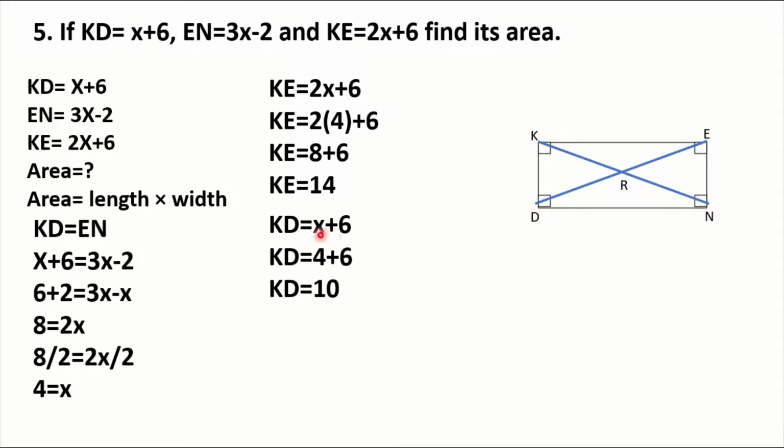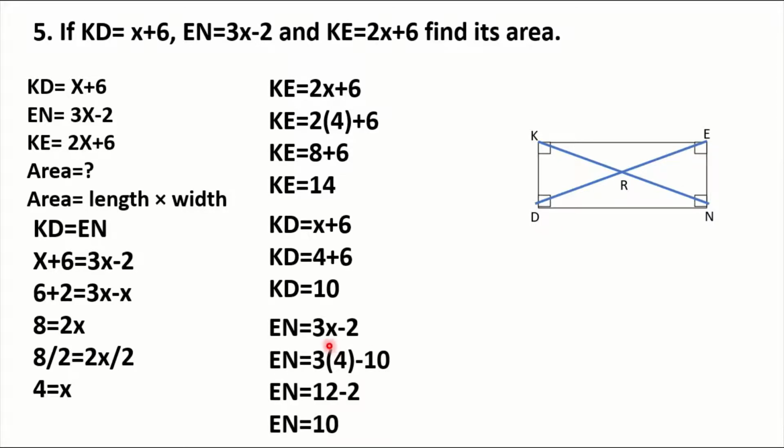So, KD naman, yung KD. KD is equal to x plus 6. You have to substitute the given value. x plus 6 is 4 plus 6. So, that will become 10. The measure here is 10. Of course, EN is also 10. But let's see. EN is equal to 3x minus 2. So, 3 times 4 minus 2. Sorry, 2 yan.